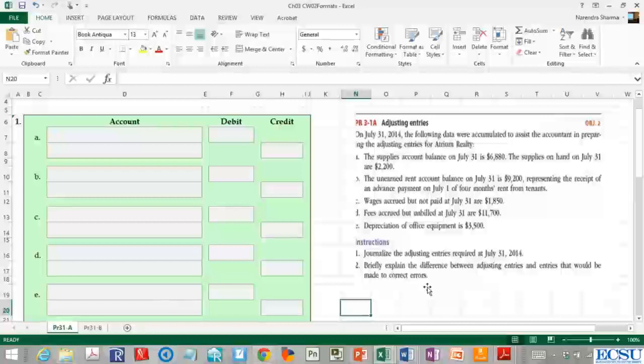And the second one is the unearned rent account balance on July 31st is 9,200, representing the receipt of an advance payment on July 1st of 4 months' rent from tenants. That's the second one. And the third one is wages accrued but not paid at July 31st, 1,850.